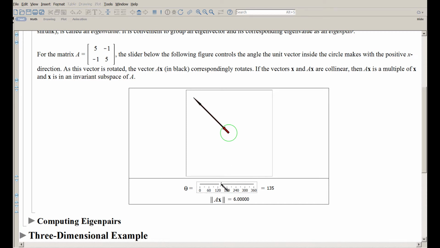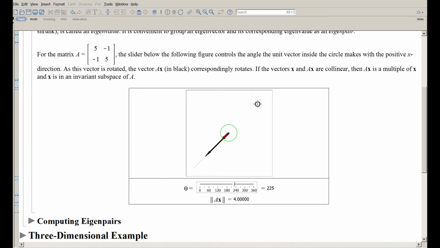And that's the reason why we have to be careful about that word direction, because if we keep increasing the angle, we again obtain this collinearity. And this direction is actually the negation of the direction that we first had. The angle was 45 degrees, and this is 225, so a difference of 180.